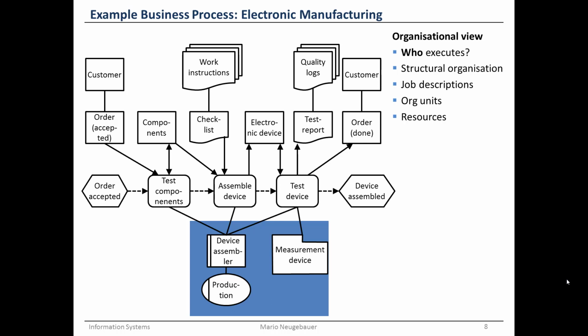And for the process step test device, for example, we have to use some resources, and here especially the resource, the measurement device. The other process steps like the testing and the assembling, here in our case, do not need any machines or any devices which are to mention, which are important.